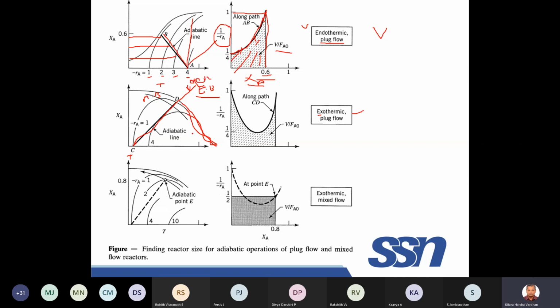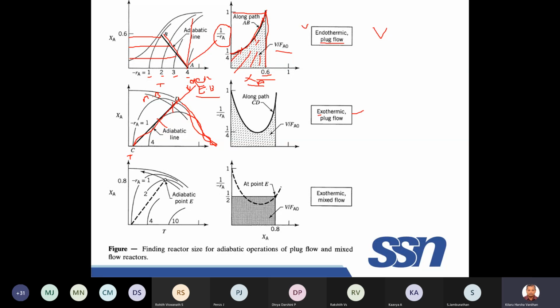In mass transfer, you get more of equilibrium lines, operating lines and all. So here we call this adiabatic line the operating line. Where this operating line is meeting these rate curves, you have to find out. And again, it is touching here, here, here, and here.